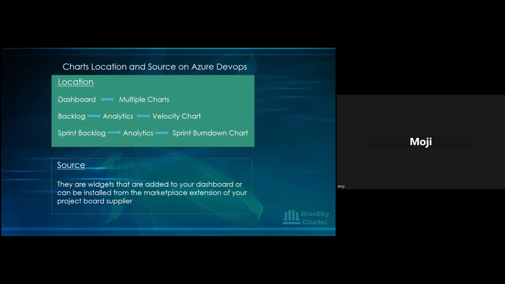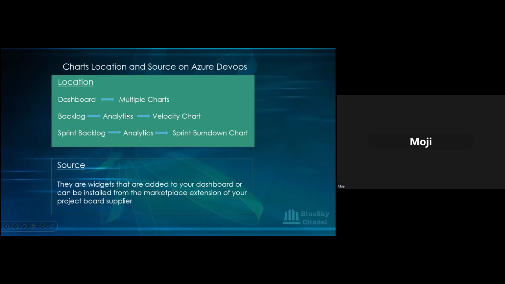On your backlog, which is your main board, you can get your velocity chart, and we will see that if we go on a board just for us to see a bit of that.